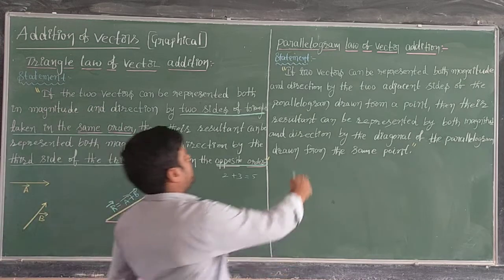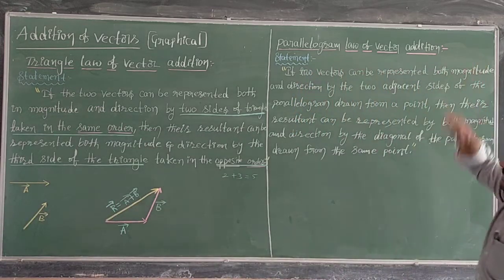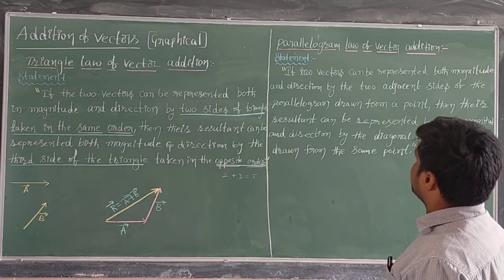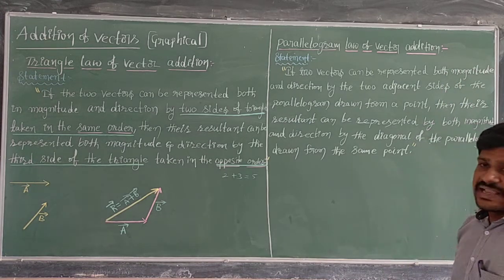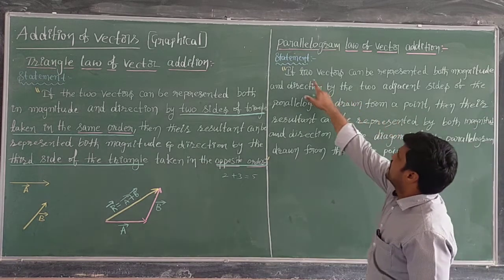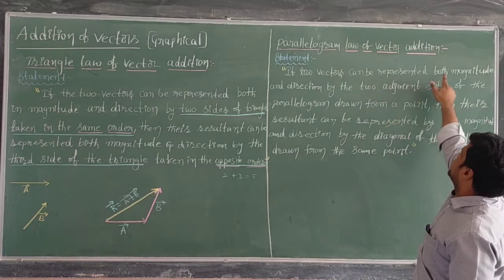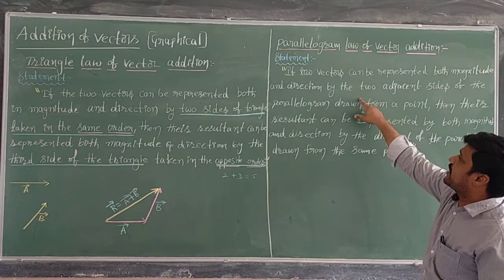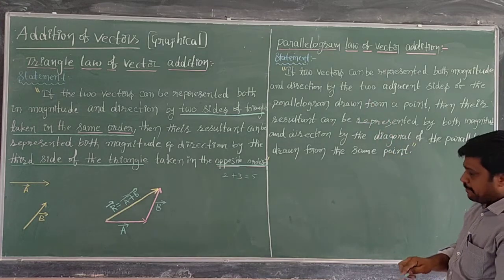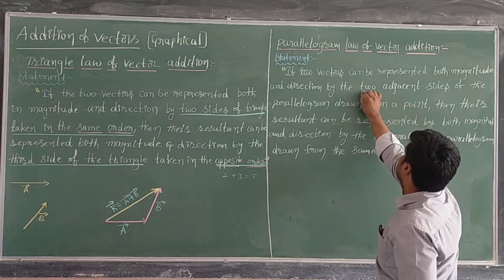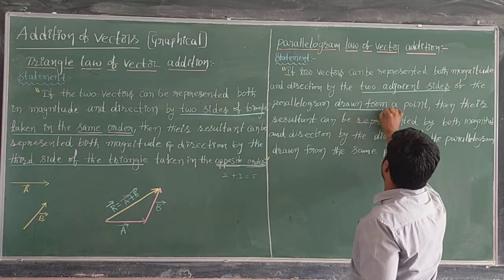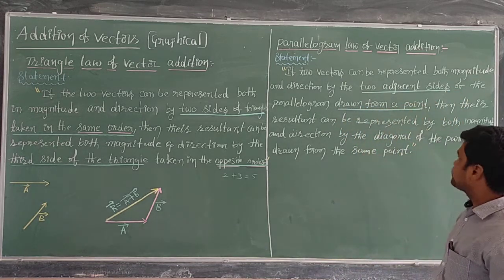Now let me see here. What is the parallelogram law of vector addition? In order to add the two vectors in the parallelogram law of vector addition, that means in this method, the two vectors can be represented both in magnitude and direction by the two adjacent sides of a parallelogram drawn from a point.